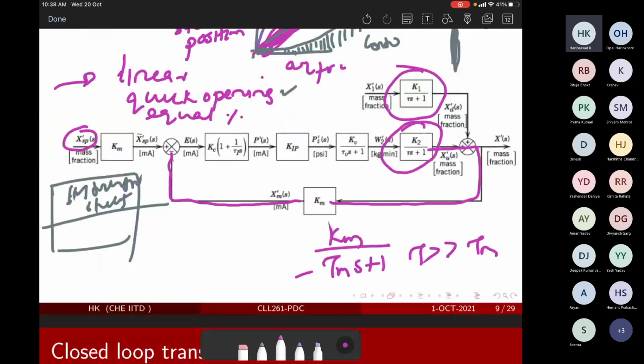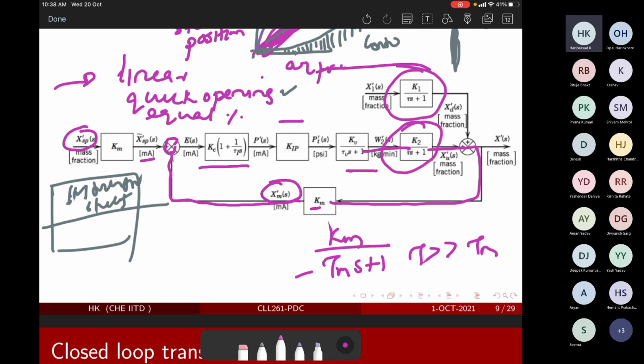Okay, so now you use the same conversion. Your set point is converted into the electrical signal, and your physical variable should also be converted into the electrical signal. Then it goes to the comparator, controller, I to P, control valve, and finally to the process.